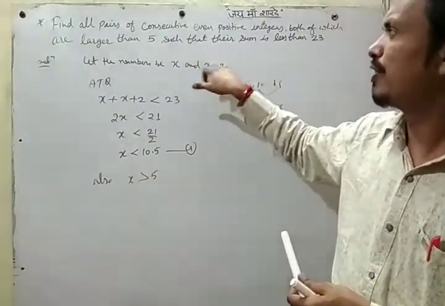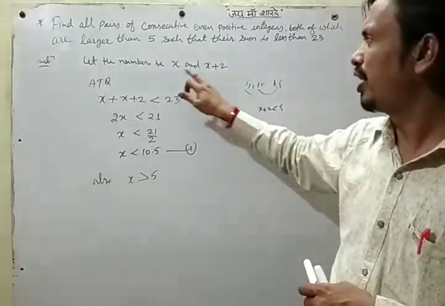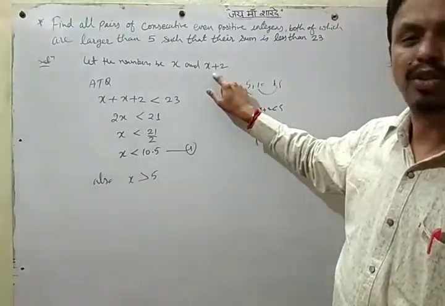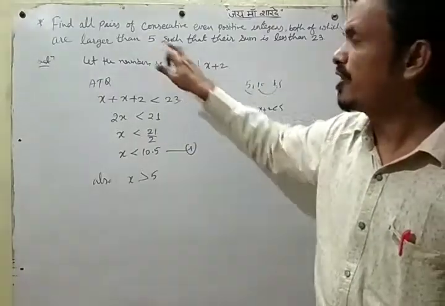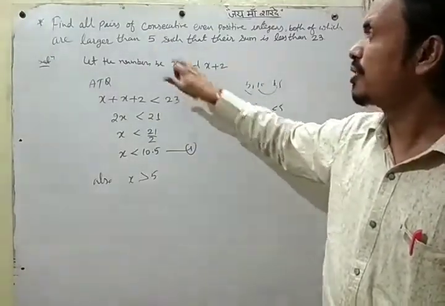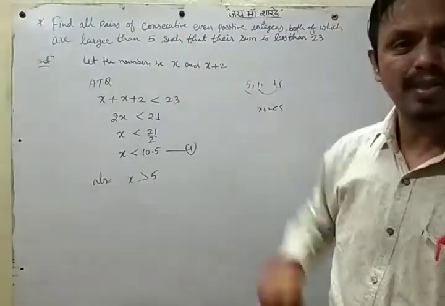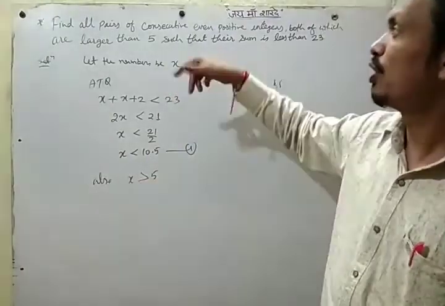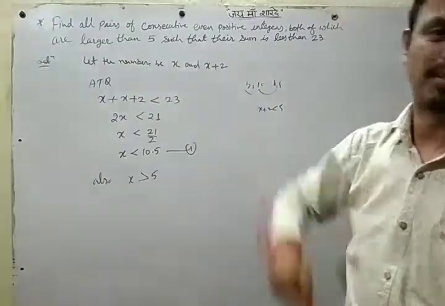If this is less than 5, so definitely X will be less than 5 only. जब दो नंबर हैं इनमें से ये इससे बड़ा है और अगर ये 5 से छोटा होगा तो डेफिनेटली ये भी 5 से छोटा होगा. यहां पर दोनों नंबर 5 से बड़े हैं और अगर x 5 से बड़ा होगा तो x plus 2 definitely 5 से बड़ा होगा because x plus 2 is more than x. So in case of larger you take the small number, in case of less we take the greater number.